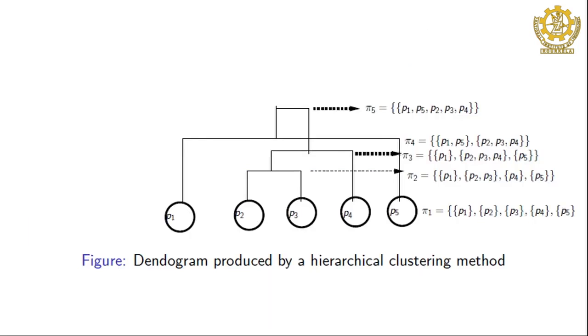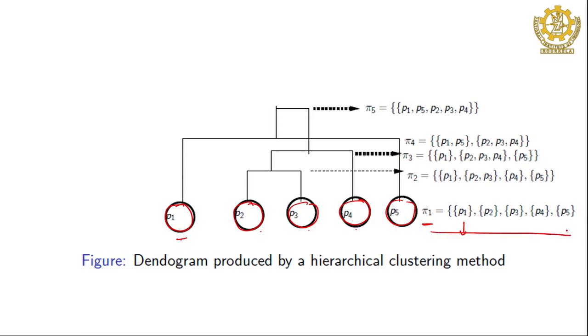Here is one example. Say we initially have 5 points: P1, P2, P3, P4, P5. Each individual point is considered one cluster: this is one cluster, this is another, and so on. So, this is a clustering where each cluster contains a single point.